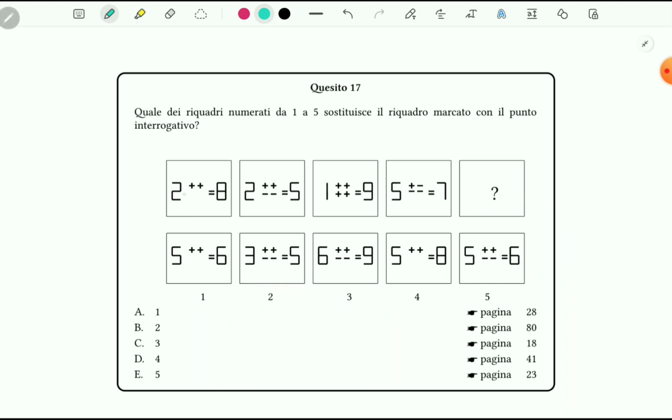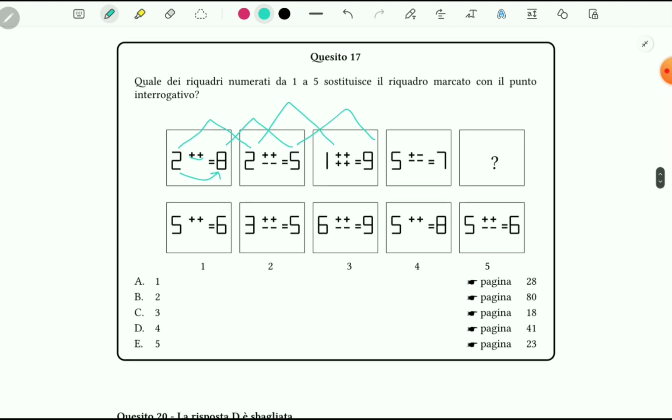If we take a look here, 2 and 8, what can we say? 2 plus 2 becomes 4, not 8, and these two values are the same. 8 becomes 5, and there is no relation between these 2 and 1. 5 and 9, we can't say any particular relationship between the numbers, so that is not going to work. So we have to find other ways to solve it.